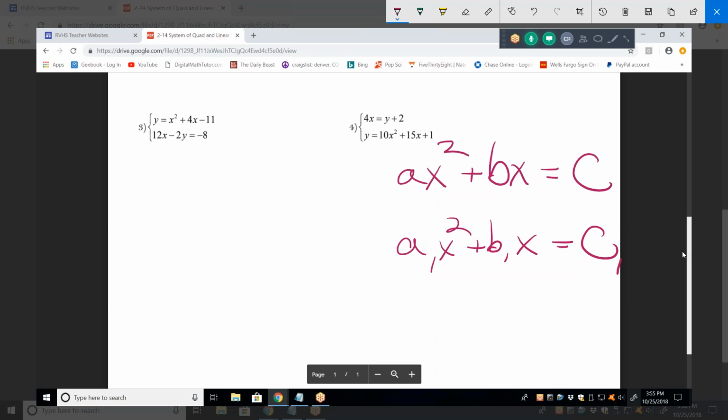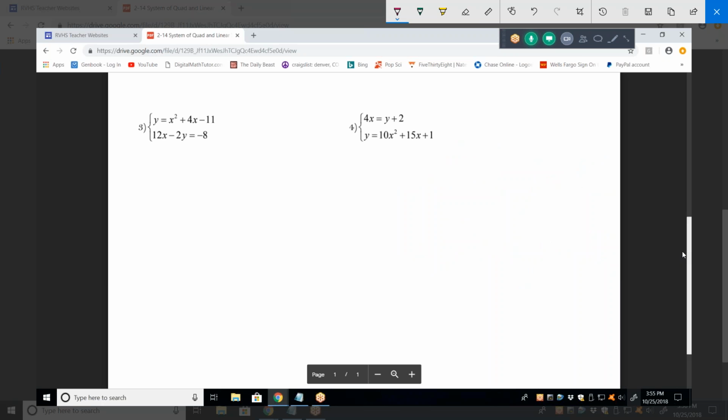In other words, if you have your x and your y on the same side, and you have your number on the other side, that's where you should use elimination.